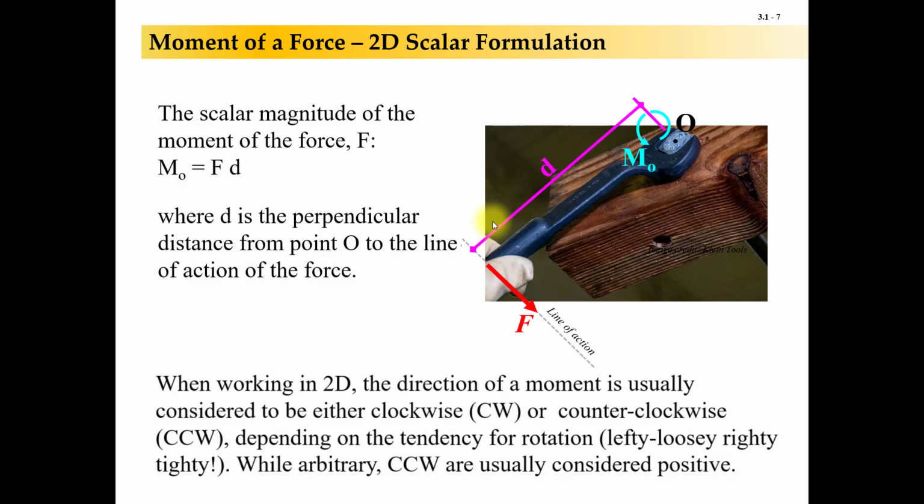Moment is when we say we're dealing with an instance of a vector happening at some point away from another point. And so this perpendicular distance is what we call the moment arm. You can call it the lever arm and all these things, but this is technically called the first moment of a force. But from here on out, you're going to hear me say moment, and that's the name you're going to hear in most engineering.